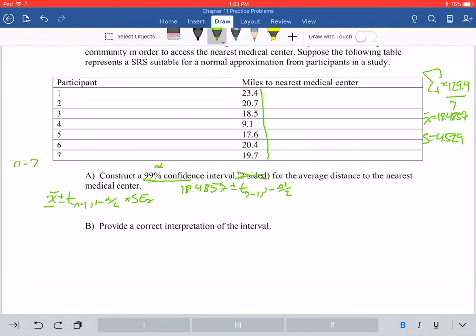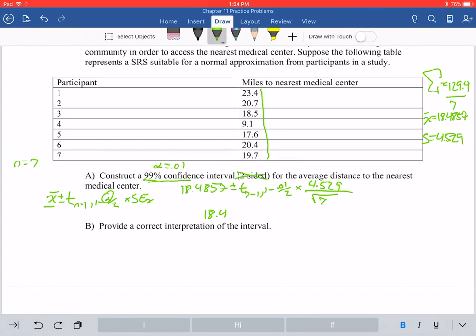Remember, if we have 99% confidence, our alpha here is 0.01. So put 0.01 in for our alpha in our equation, multiplied by our standard error of x, which is the standard deviation of 4.529, divided by the square root of n, which is 7.